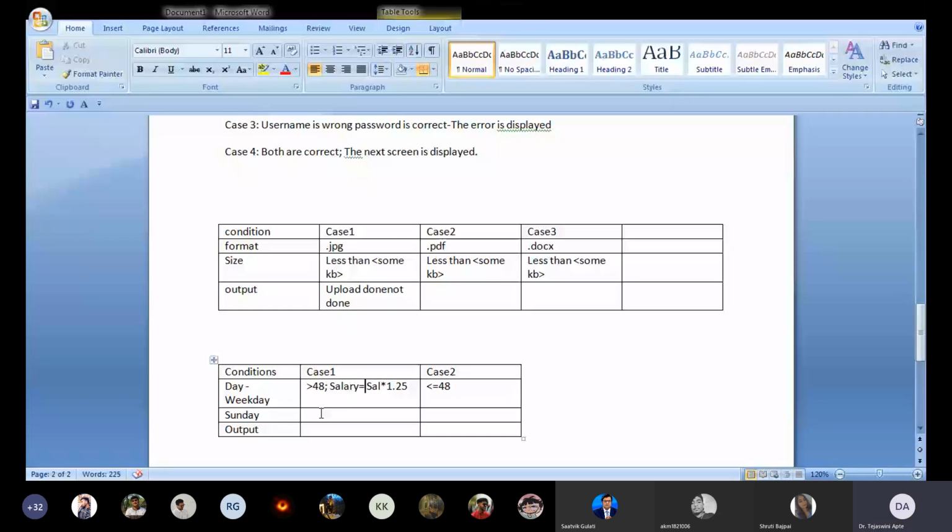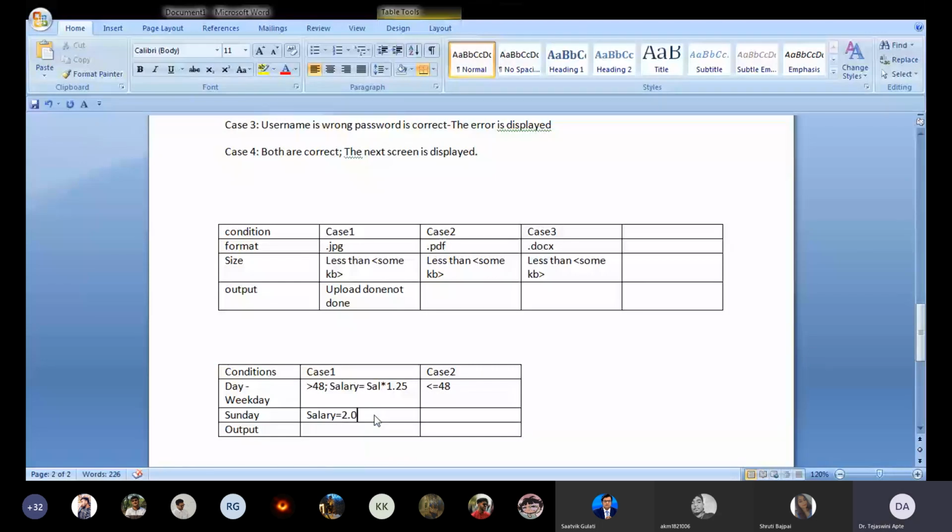Here, if it is Sunday, irrespective of whatever the things are, whether it is greater than 48 or less than or equal to 48, salary equals hours multiplied by, what was the condition? 2.0 of salary, isn't it? At the rate of 2.0 of salary.